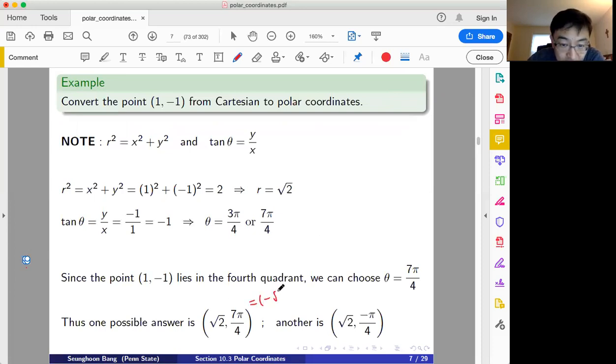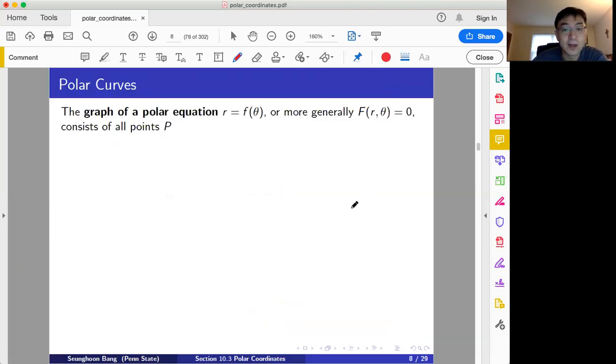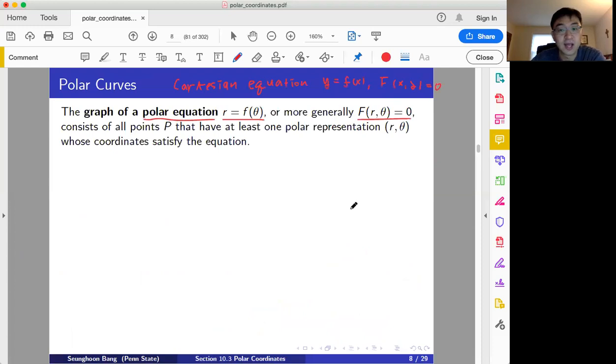Yes, 7 pi over 4 minus pi. It's the same as negative root 2, exactly, 3 pi over 4. Thank you for your comment. This is minus root 2, 3 pi over 4, one more answer. You're right.